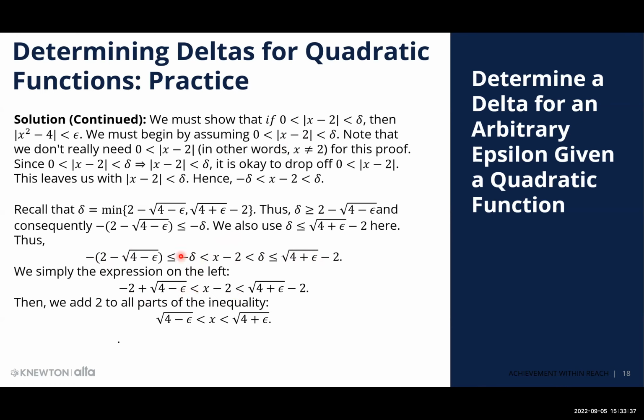Okay. And we don't need this at this stage because we're just working off of whatever we've set delta equal to. And then we add 2 to all of it. Okay. And then we end up with this expression, and then we go to the next page.